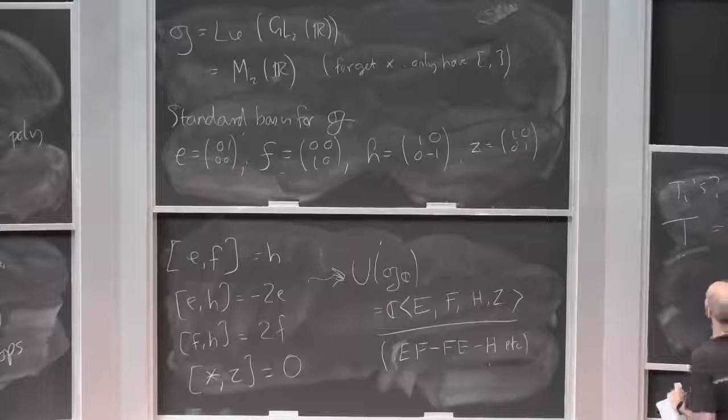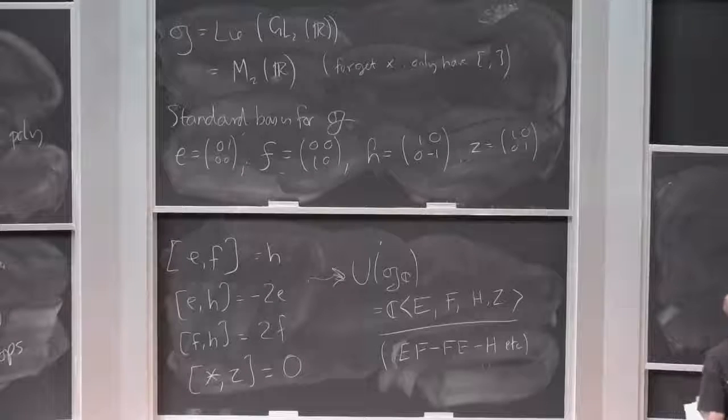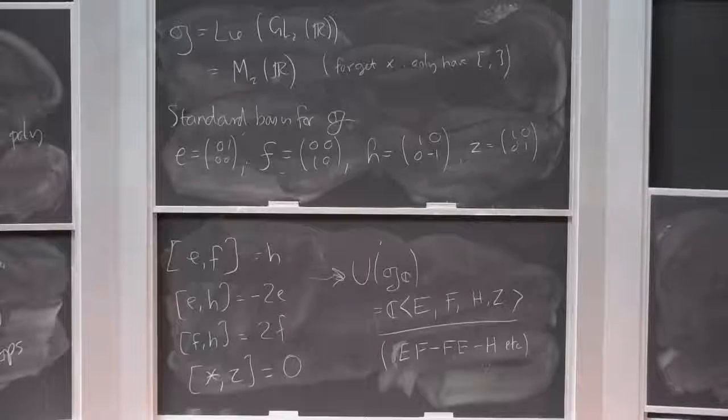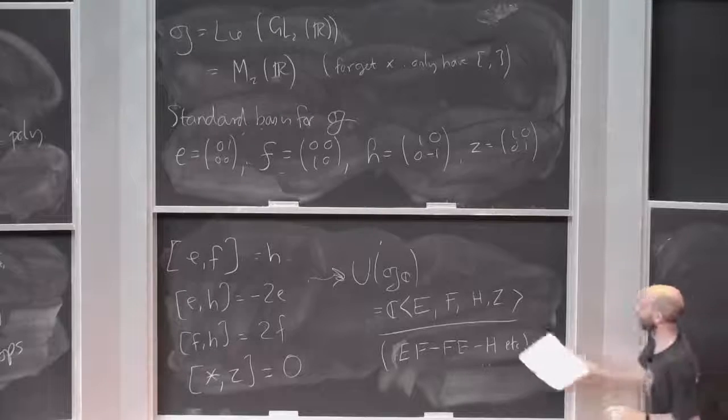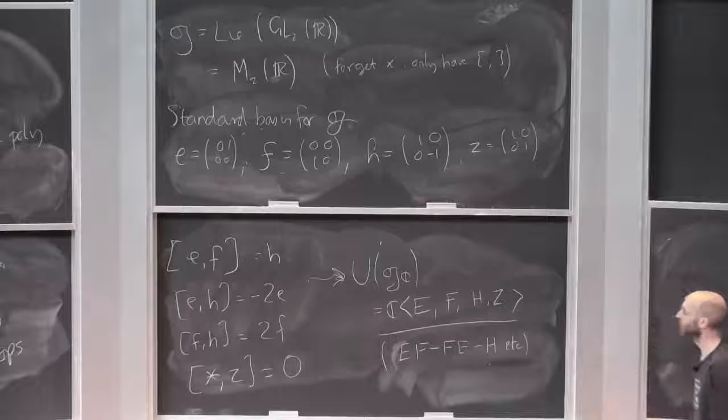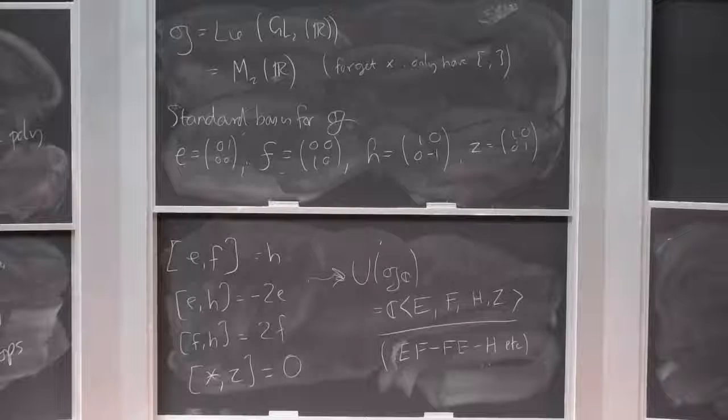So I know the center of that ring is generated by 2 operators. And if you ever do one calculation in your life involving non-commuting differential operators, then why don't you make it this one? It's a sort of nice, fun exercise.